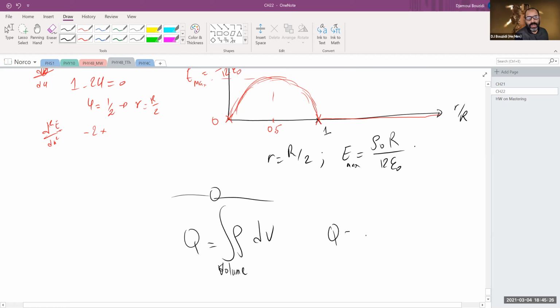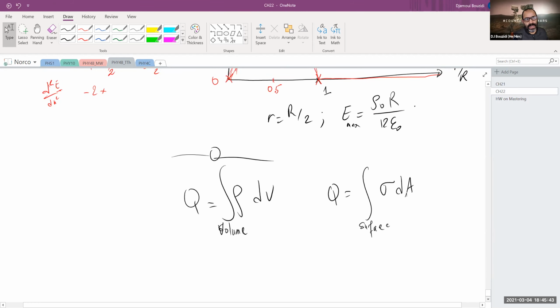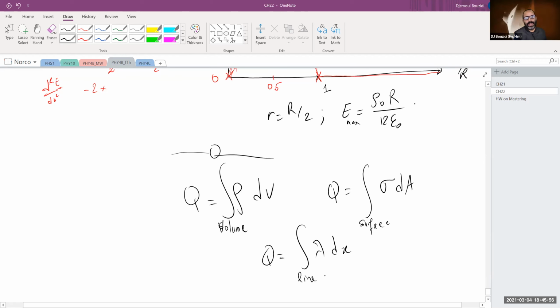If I want to find the charge distributed on a thin plate, then it's on a surface, and the integration is sigma dA, and again, probably have some symmetry there too, so that instead of doing a double integral, I just end up with a single integral. On a rod, for example, it's the same thing, the integral over the entire line of lambda dx. So that is basically typically how we do this.